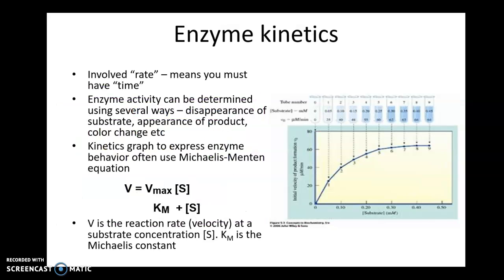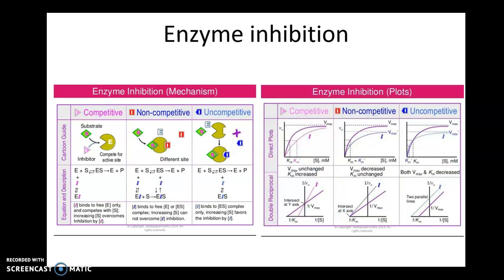After you learn about enzyme kinetics, you will move into enzyme inhibition. So basically there are three types of enzyme inhibition. The first one we call competitive, whereby the structure of the inhibitor, as you can see in the pink color here, is pretty similar to the substrate.